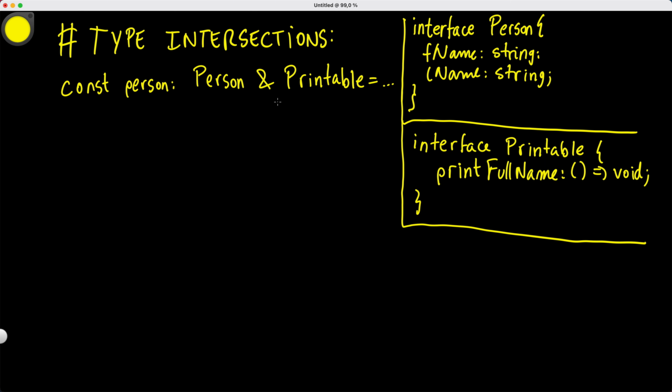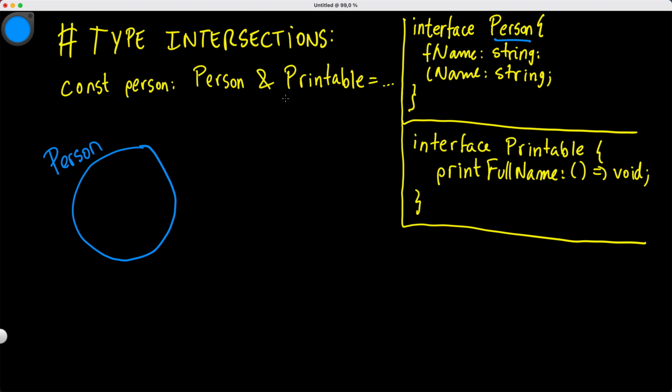So what this is saying to TypeScript, right? Let's again draw our two little circles just to understand. We have the universe of persons, all the objects which comply to the shape of the interface Person.